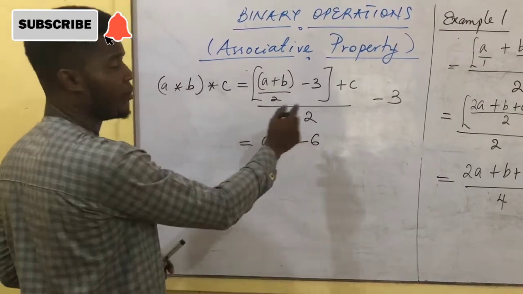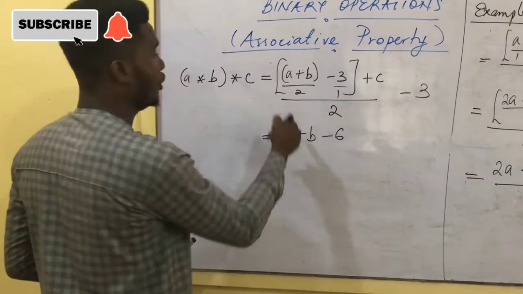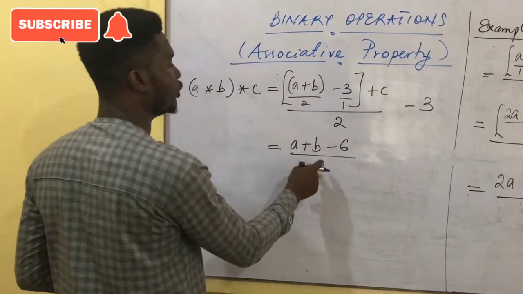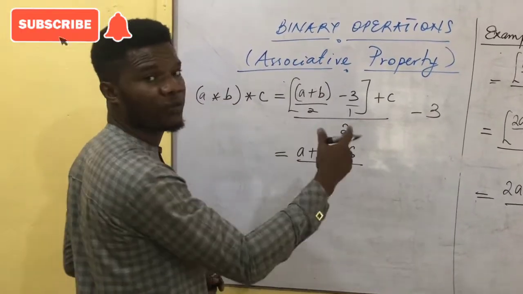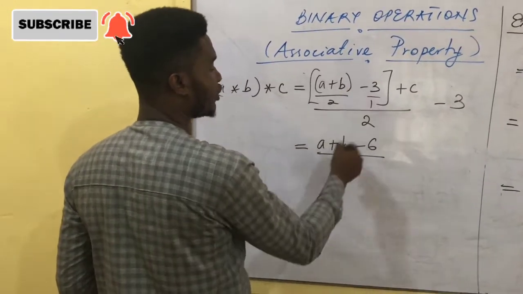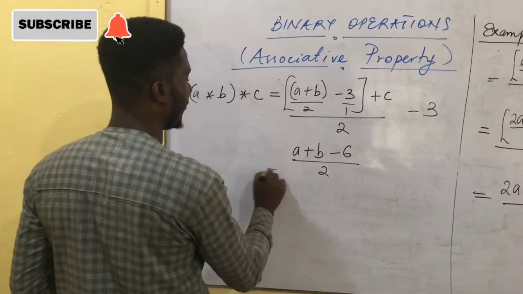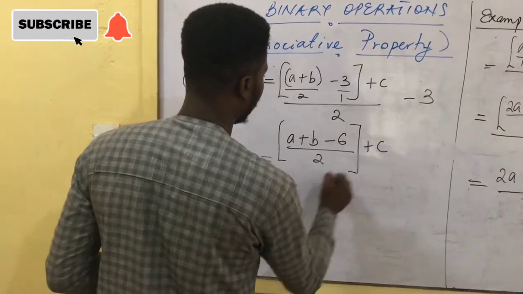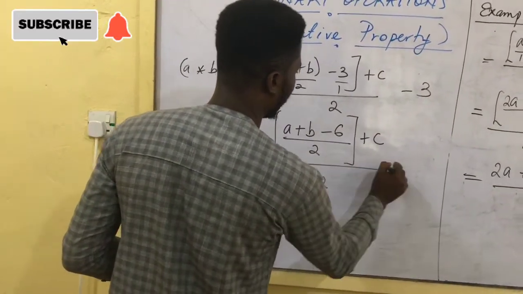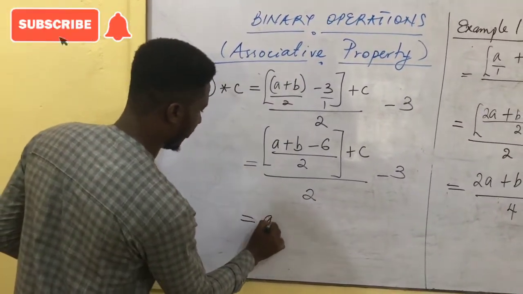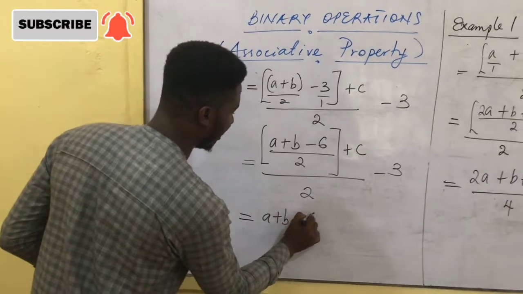When you take the LCM of 2 and 1, the LCM will clearly be 2. 2 into 2 is 1. 1 times A plus B will give you A plus B. Then 1 into 2 is 2. 2 times minus 3 will give you minus 6. And you end up having this plus C all over 2 minus 3. Okay? So this gives you A plus B minus 6.